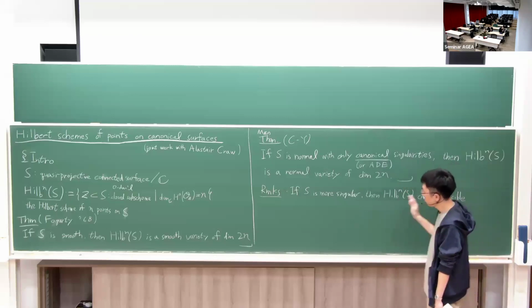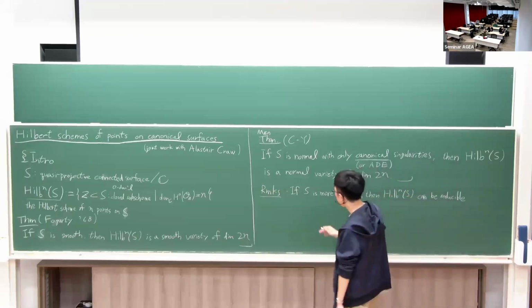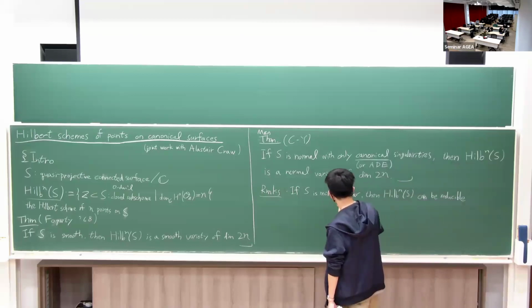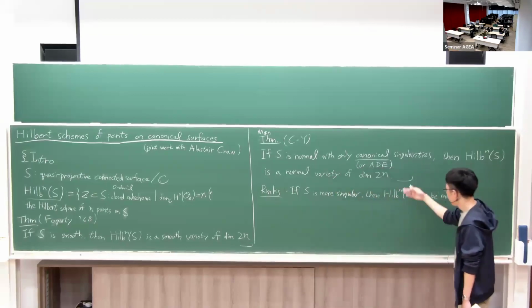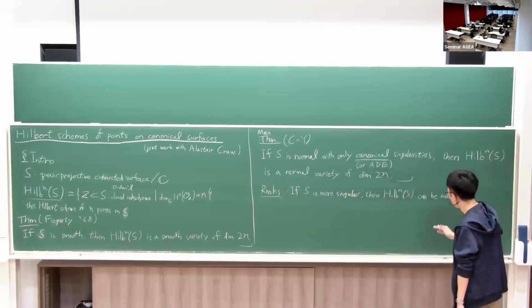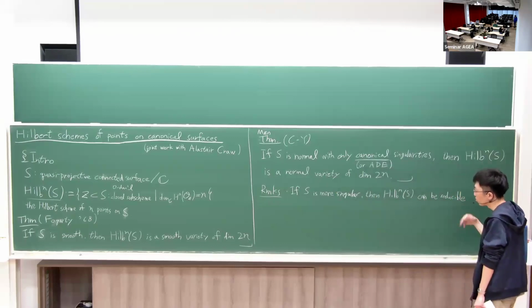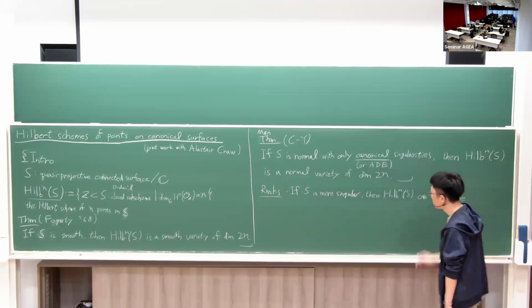So even if S is a normal surface, the Hilbert scheme can be reducible. Usually it's very hard to control the singularity of the Hilbert scheme of points.